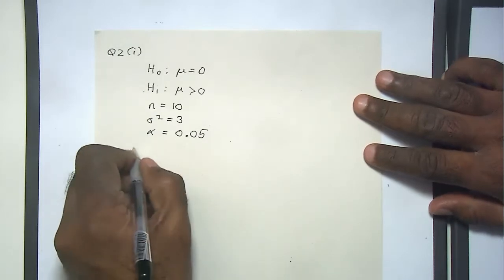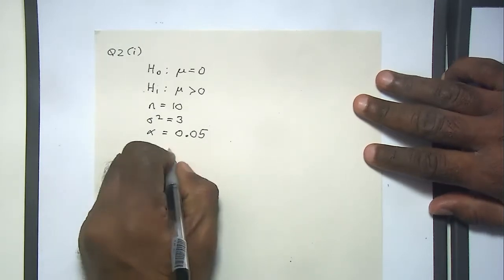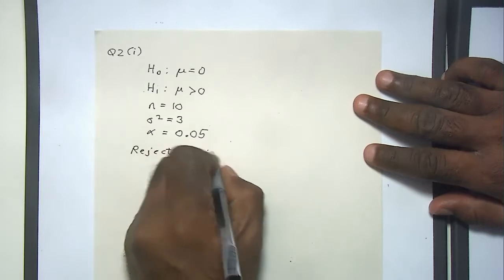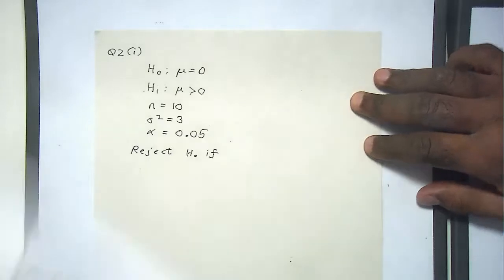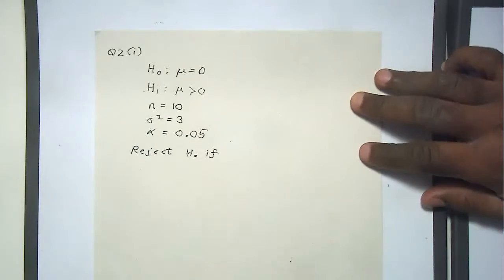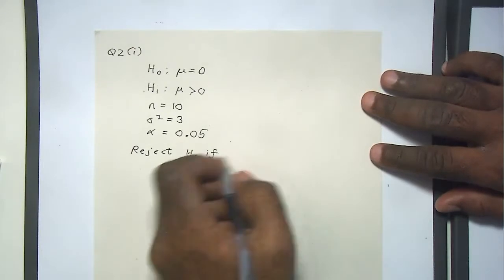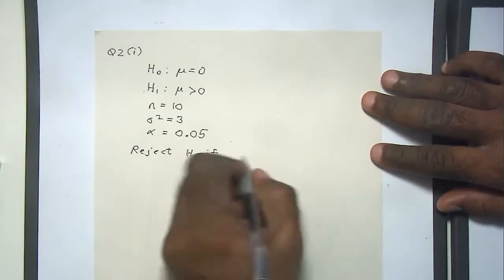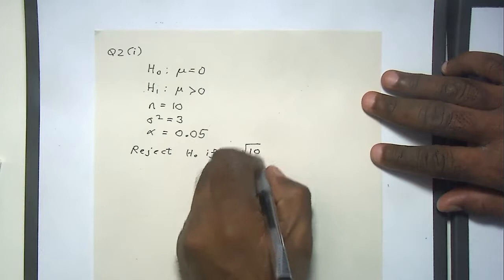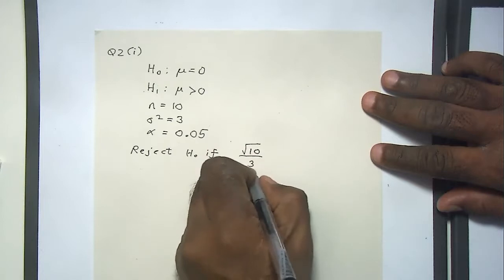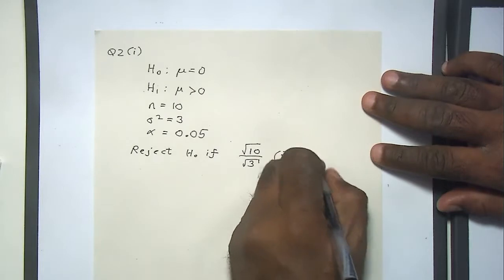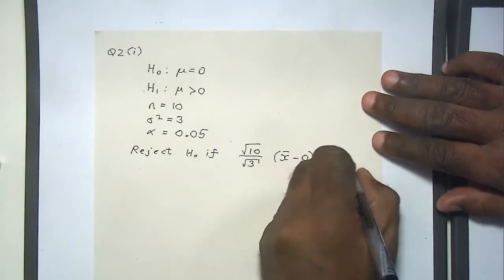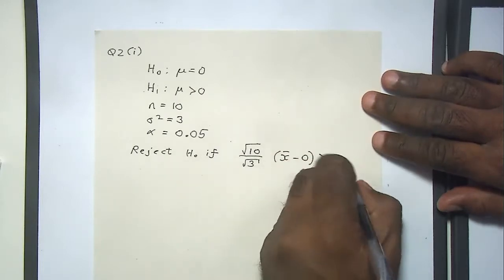So what's the rejection rule in this case? Can you tell me? First of all, which column will it belong to? The first column, the second column or the third column? First column. So you reject H0 if root of n, which is root of 10, divided by sigma, which is root of 3, times x bar minus mu 0, which is 0, is greater than z 1 minus alpha, which is 0.95.